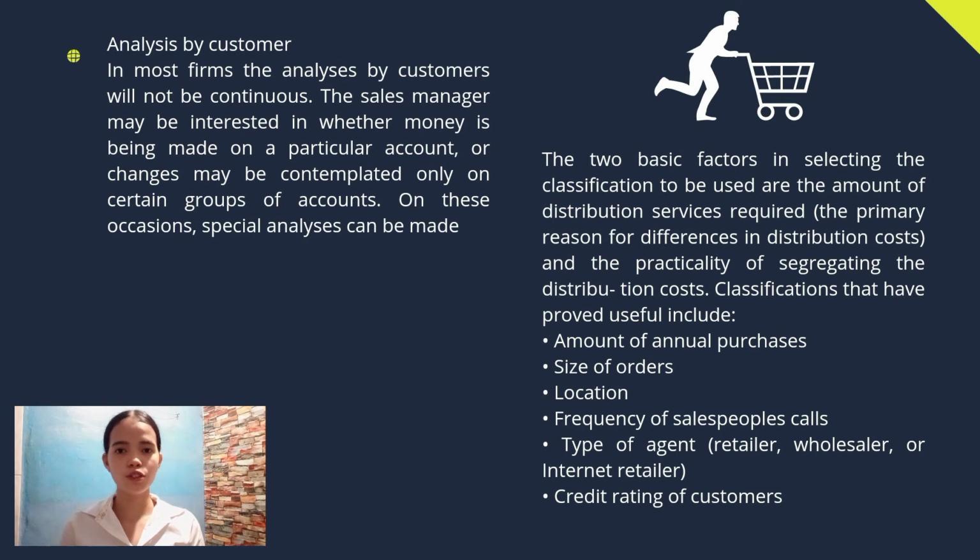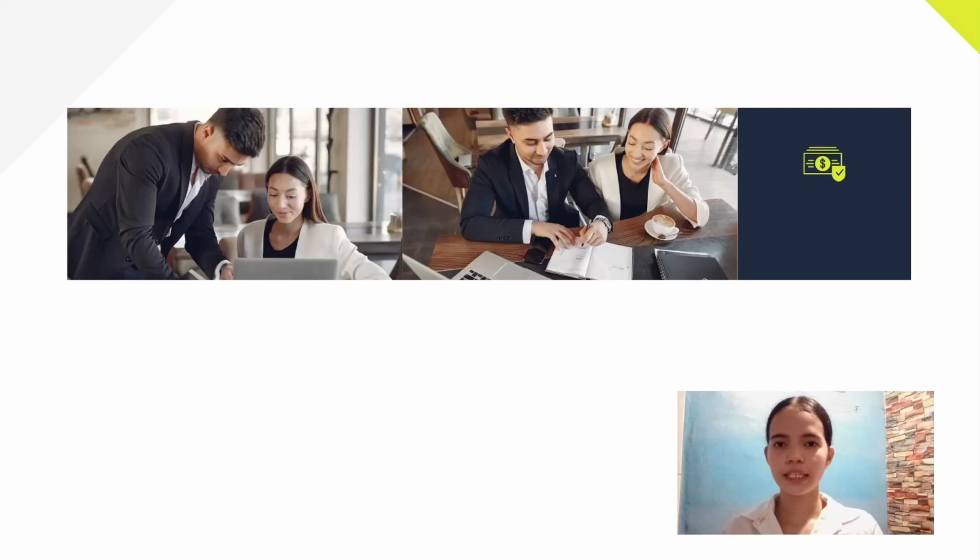Classifications that have proved useful include amount of annual purchases, size of orders, location, frequency of salespeople's calls, type of agent, which can be retailer, wholesaler, or internet retailer, and credit rating of customers.